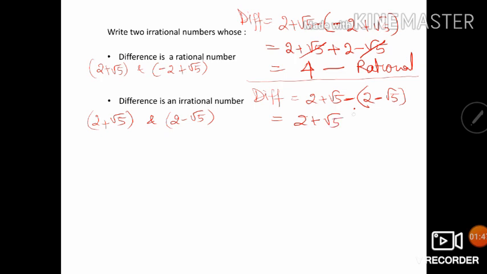Change the sign when you open the bracket because there's a minus sign, so minus 2 plus root 5. So in this case 2 minus 2 becomes 0. Root 5 plus root 5 will become 2 times root 5. Now this number is an irrational number.